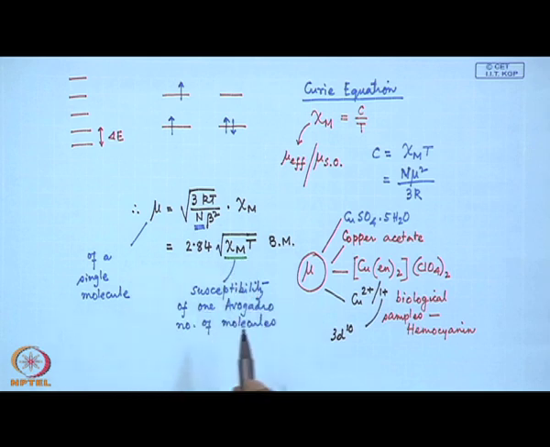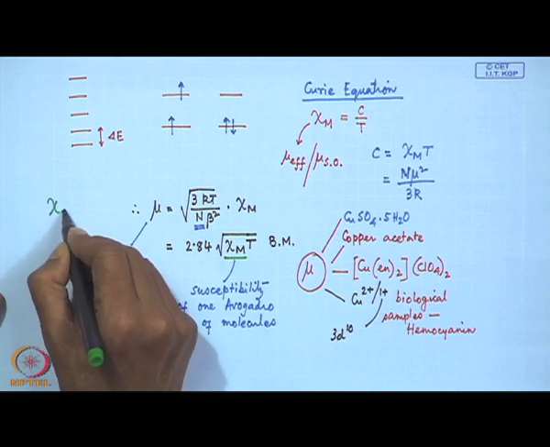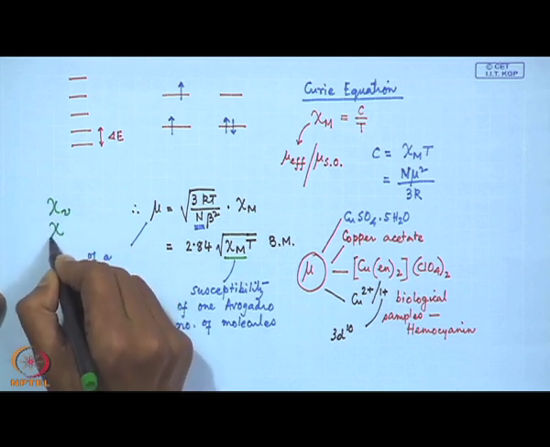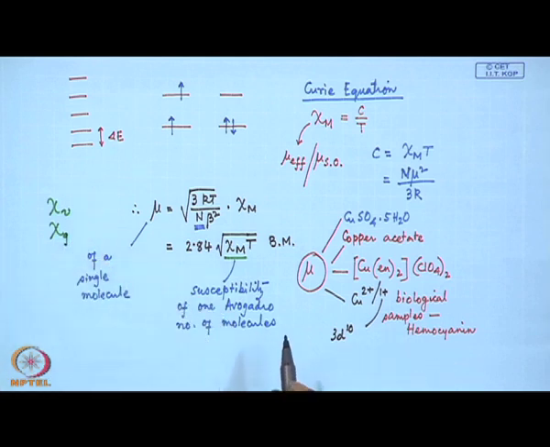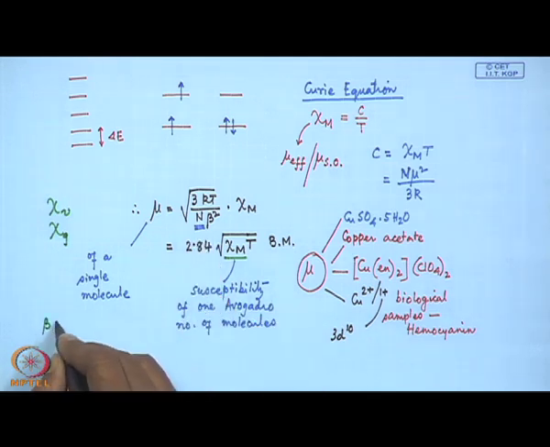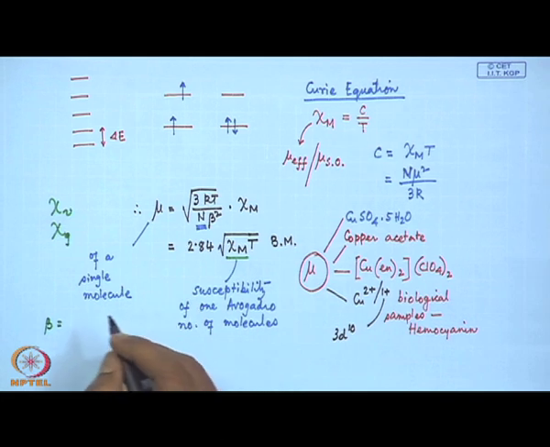Similarly, we can have the corresponding volume susceptibility which is known as chi v, and when we consider it per gram, we have the gram susceptibility values. So, we have the typical constant, the Bohr magneton, the beta value. We can have SI units and non-SI units.